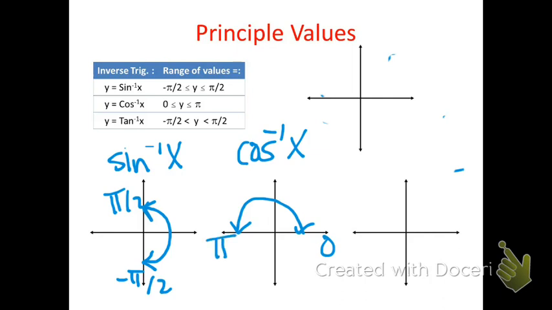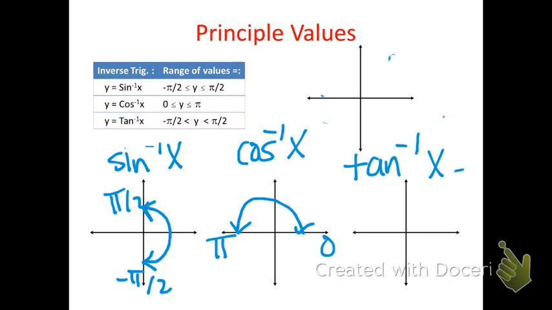And lastly, we have your inverse tan. The inverse tan, you have to remember, tangent is not defined at negative pi over 2 and pi over 2.